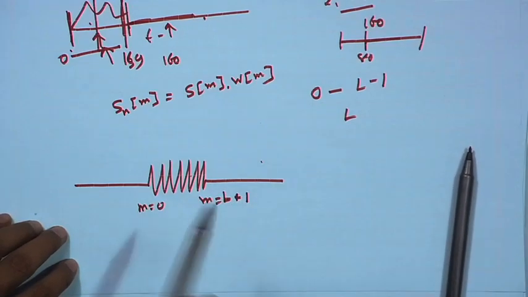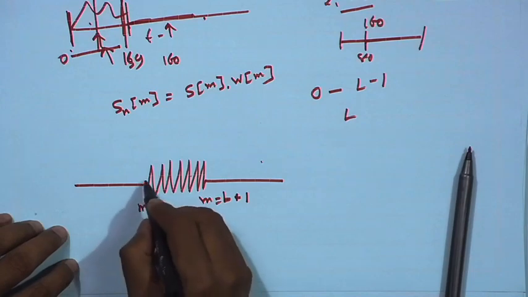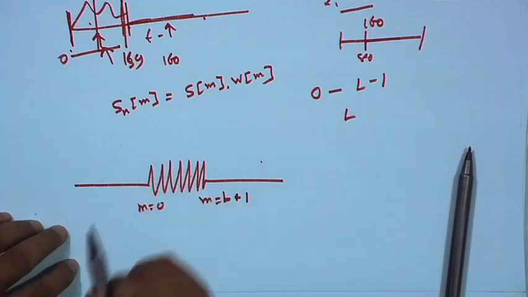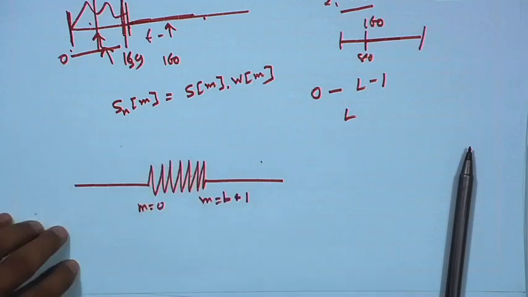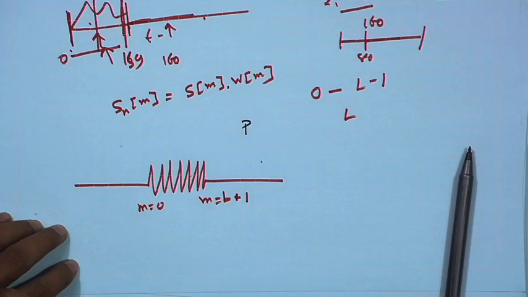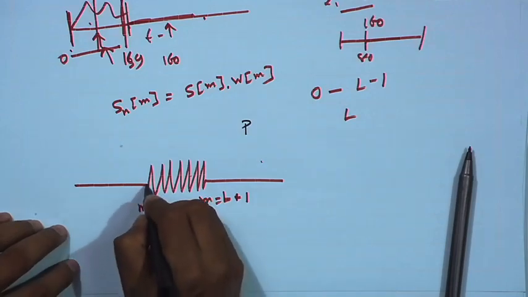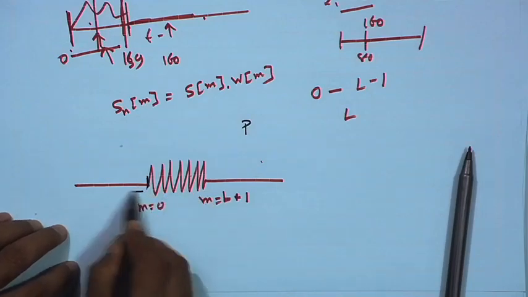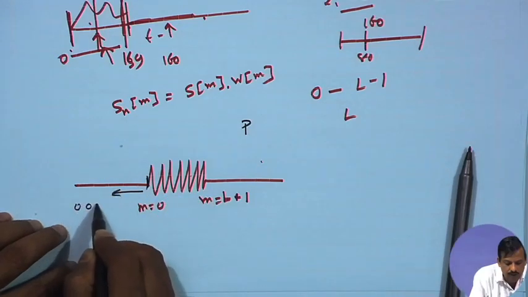Now, I said linear prediction means I predict the current sample from the previous samples. If I take the p point predictor alpha 1, alpha 2, up to alpha p, suppose I want to predict the first sample here. What are the previous samples? All are 0.